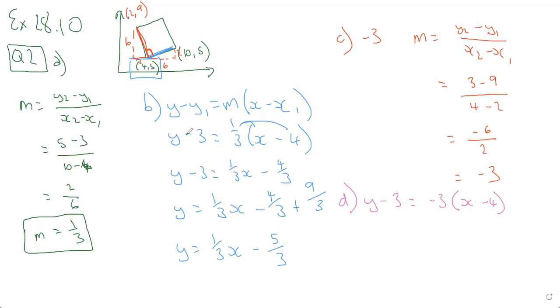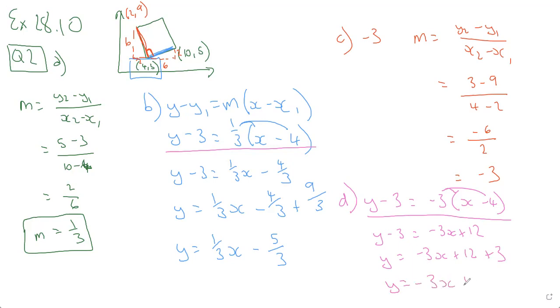So the only difference between this here and this here is the slope. The points are the same because it goes through the same point. Y minus 3, I'm going to distribute: minus 3x plus 12, and then I'm going to bring this across as a plus 3. So y equals -3x plus 15.